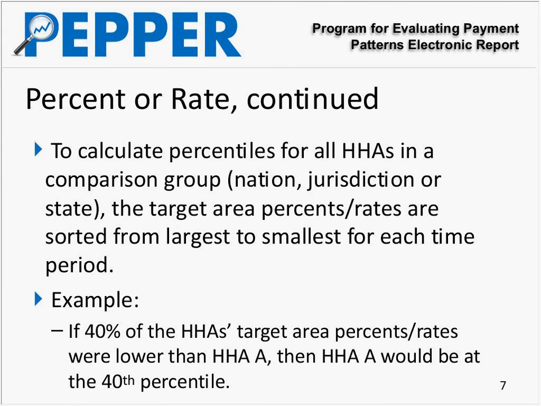A percentile is a number that tells us the percentage of agencies that have a lower target area percent or rate than we do. So, for example, if 40% of agencies' target area percent for the episodes with 5 or 6 visits target area were lower than agency A, then agency A would be at the 40th percentile.